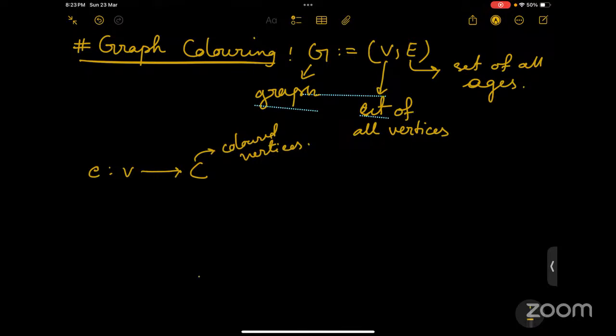So we have a condition: (u, v). Suppose this is the edge. What is (u, v)? That means this is the edge from u to v. It can be directed, it can be undirected. If I have an edge from u to v, we can denote it as (u, v).